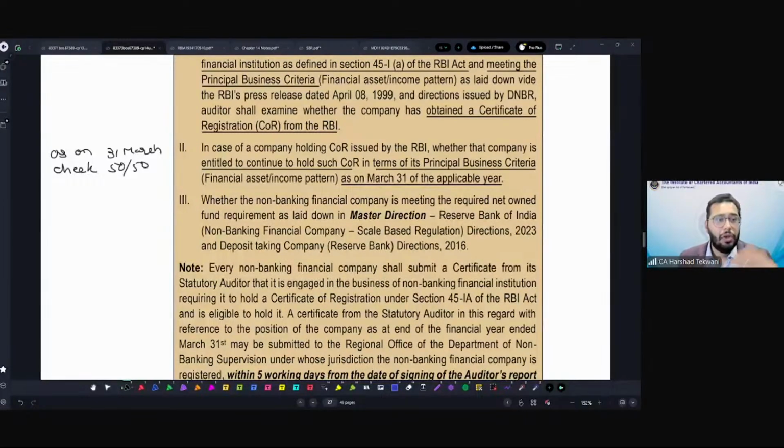Once the auditor reports whether they maintain the principal business criteria or not, they are also required to report whether the net owned funds are being maintained. Apart from principal business, the net owned funds requirement is also there.